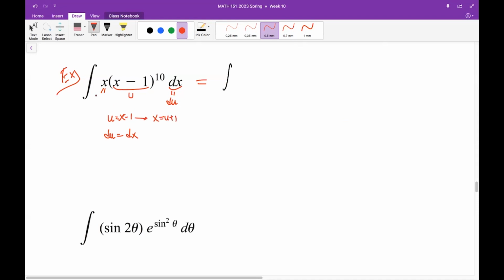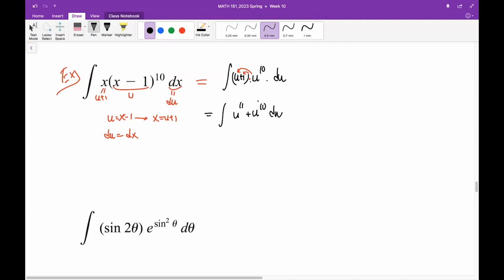Yes, u plus 1. Then our substitution is working. Our integral is u plus 1, u to the power 10 times du. See, everything is transformed into u's and du's. Then this is simpler to compute, right? U to the power 10, you can multiply it with the left-hand side. Then what we have inside the integral, u to the power 11, u to the power 10 du.